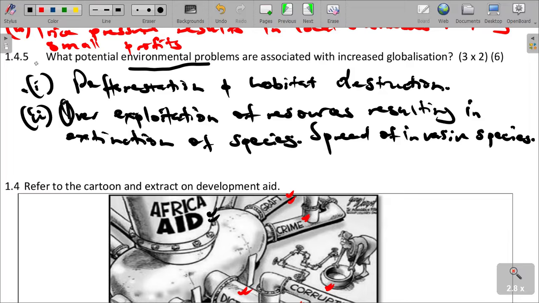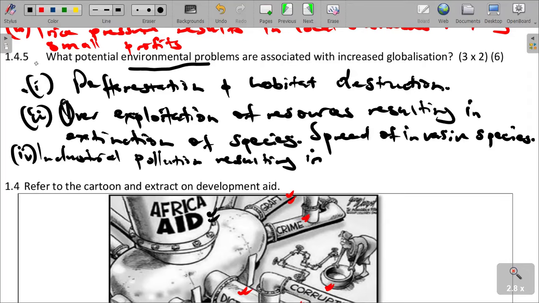We can talk about environmental degradation such as desertification and industrial pollution, resulting in all forms of pollution.